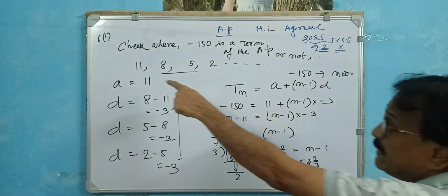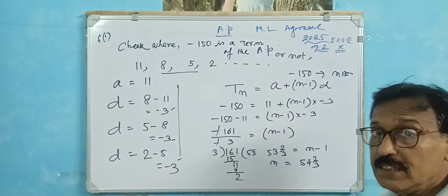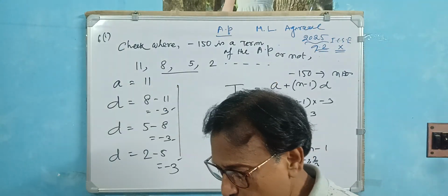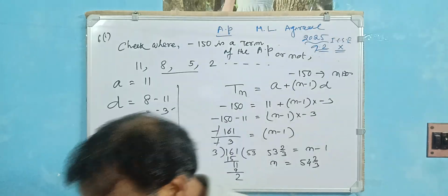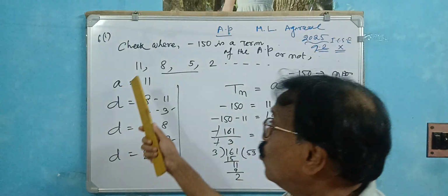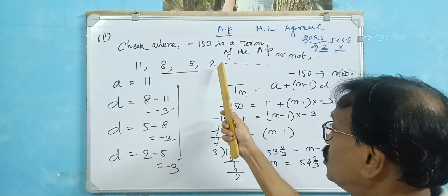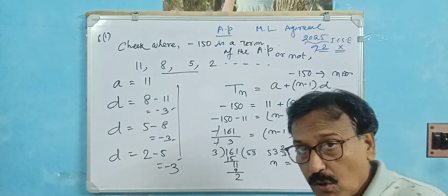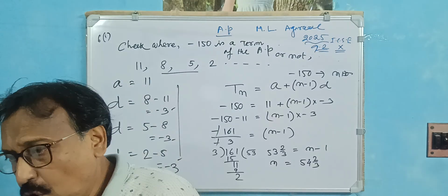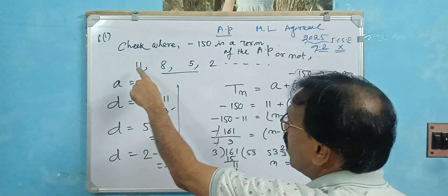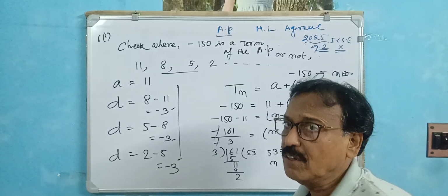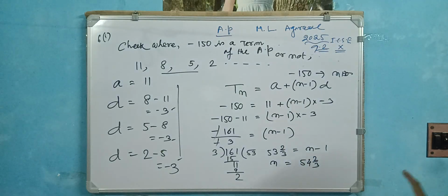In the case of terms, this is a very important thing: these are all whole numbers, natural numbers, 1, 2, 3, 4, 5, not fractions. There is no decimal.